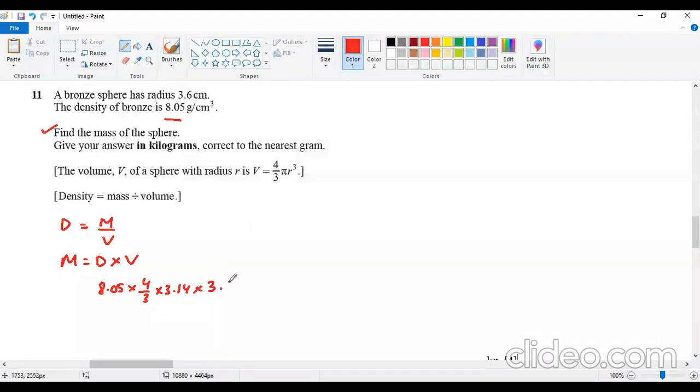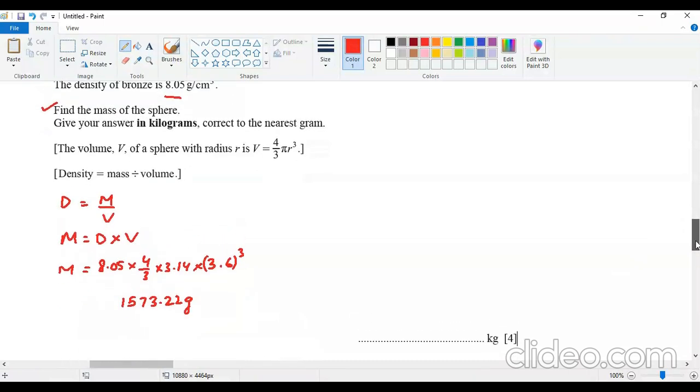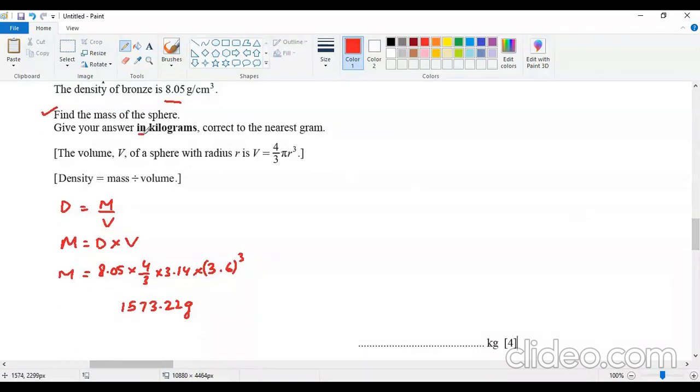So 3.6 has to be cubed. Once all these calculations are entered in the calculator, you should get the answer as 1573.22. The answer is in grams, and the question says to give the answer in kilograms, as you can see, correct to the nearest gram.